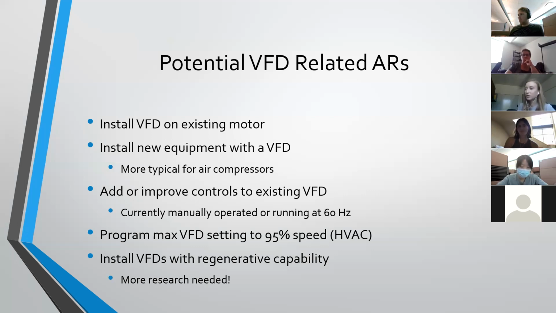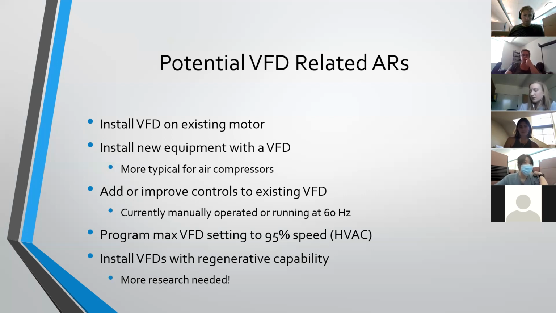Or if you trend the equipment and you see it's running at 60 Hertz 24/7, or however long the facility is operating, then that's a great opportunity to put some additional controls in and reduce the speed of that motor.